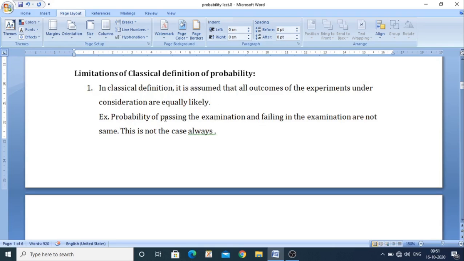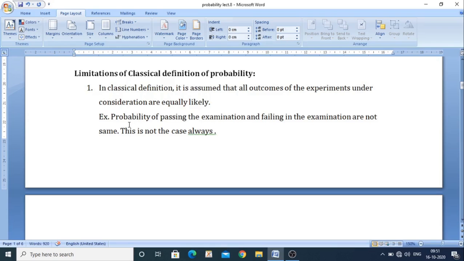If I am going to appear for an examination, and there are 100 students in the class appearing for it, it will not happen that the probability of passing is 50% and the probability of failure is 50%. If you have prepared for the examination, surely you know that you are going to pass. So the probabilities of pass and fail will not be equal.